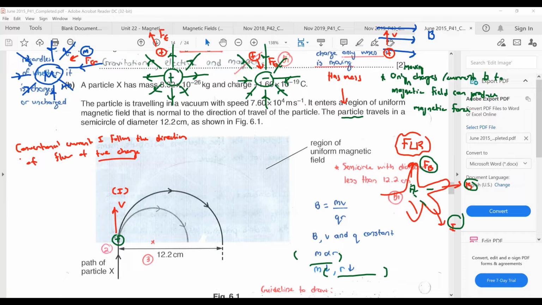Okay, if you see a positive charge moving this way, this is the direction of your conventional current.